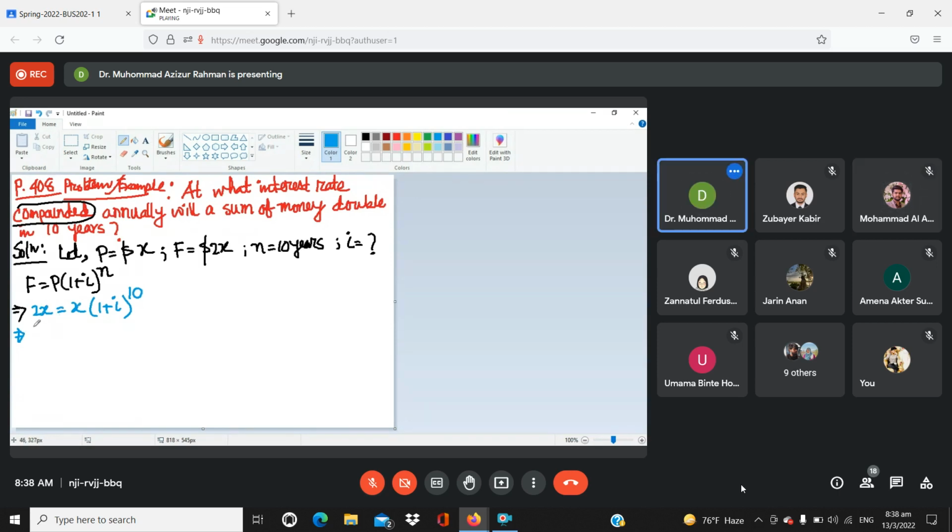Here 2x divided by x equals 1 plus I to the power 10. So 2 equals 1 plus I to the power 10. So 1 plus I equals the 10th root of 2, which is 2 to the power 1 by 10.